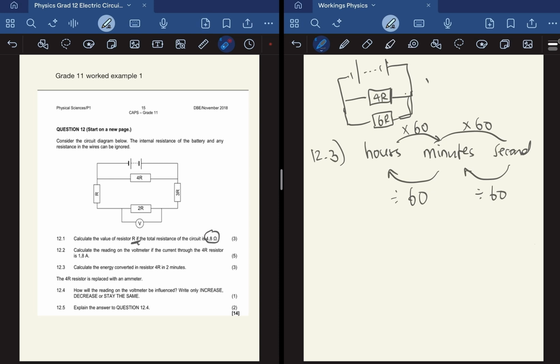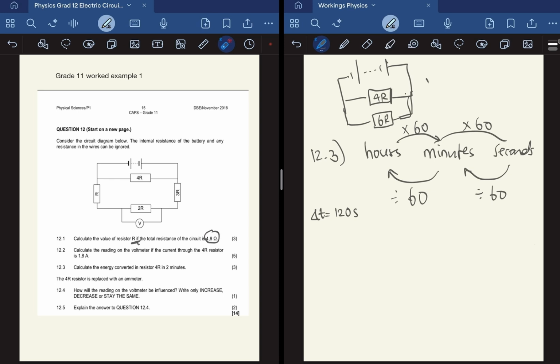We are moving from minutes to seconds, so you have 2 minutes times 60. That means your time would be 120 seconds.